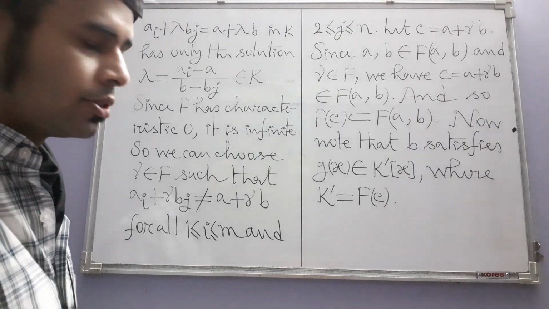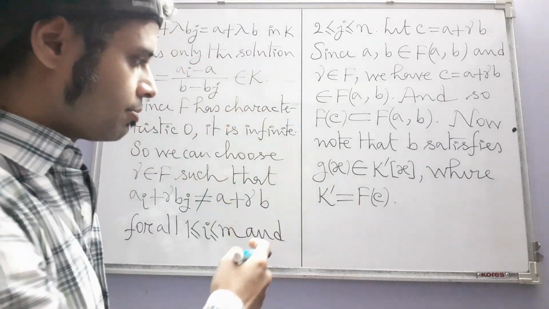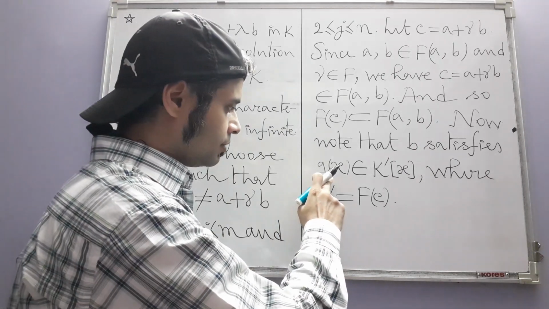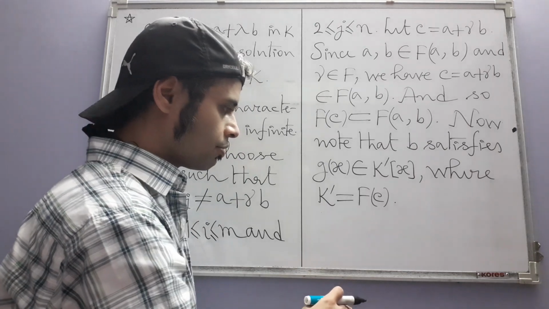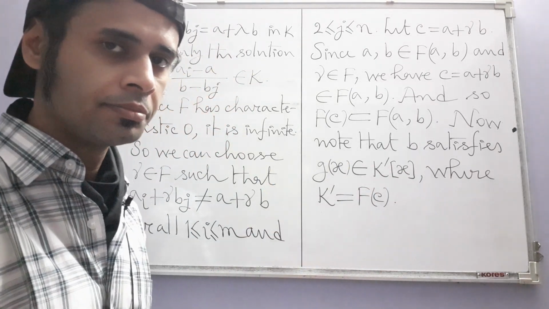It can be understood easily, right? Since Gx originally belonged to the polynomial ring Fx, the coefficients of G are coming from F. So in particular, the coefficients also belong to this slightly larger field.